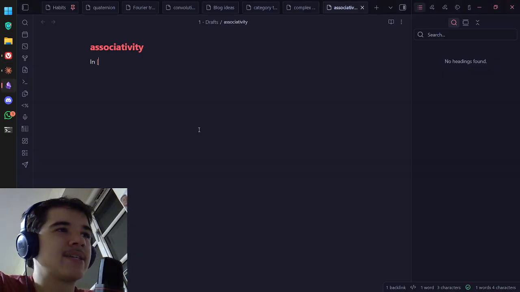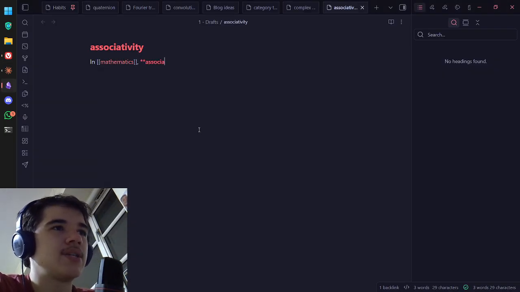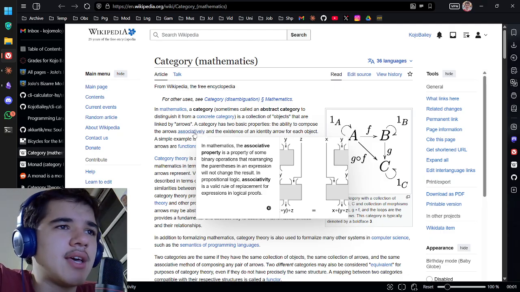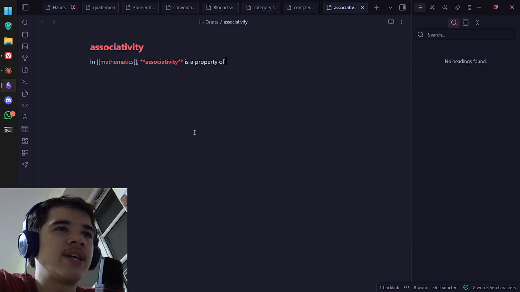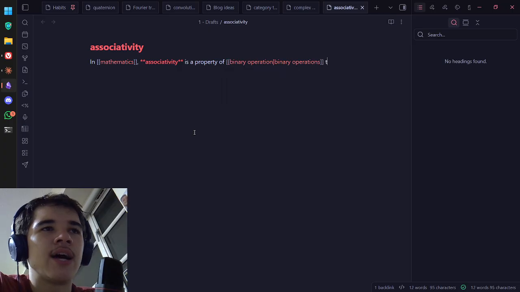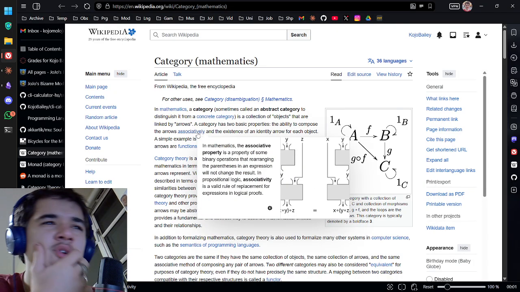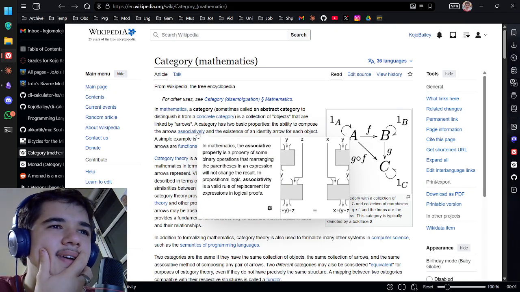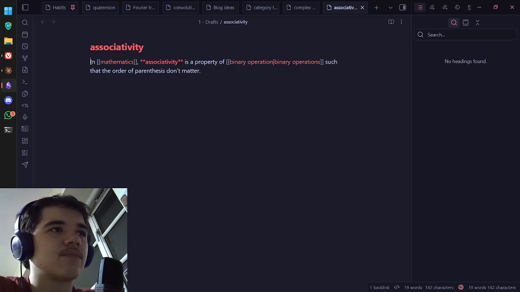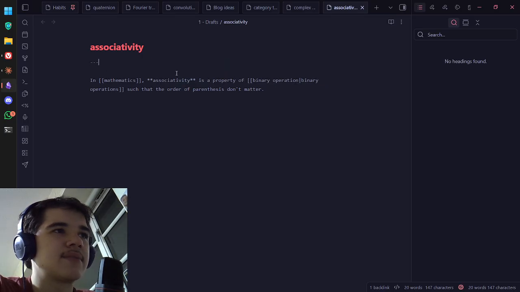So in mathematics, associativity is a property of binary operations such that the order of parentheses does not matter.